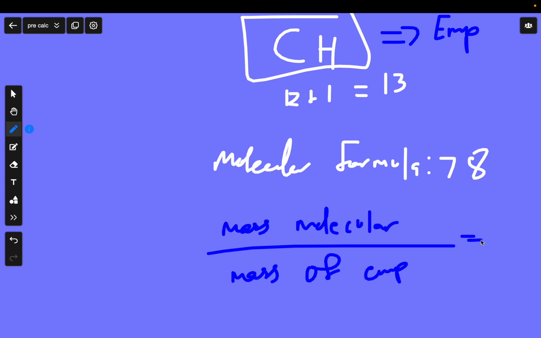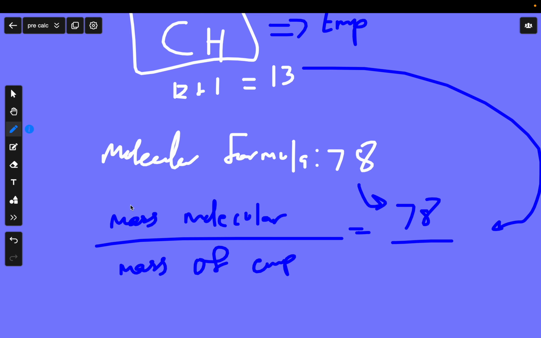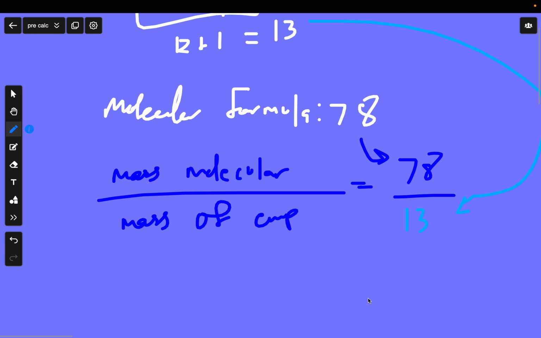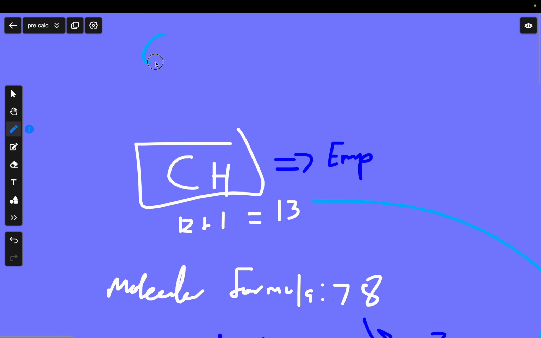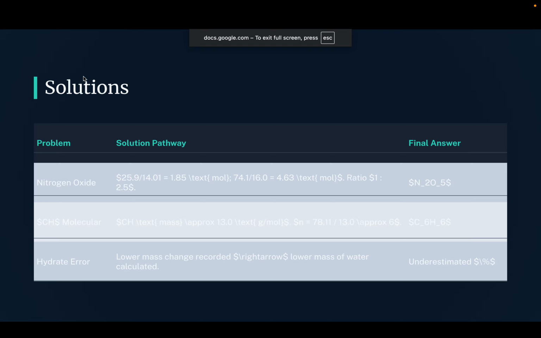So this will just be equal to 78 divided by 13, which would get you 6. So you would multiply these by 6. So you would do C6H6. That's the formula. C6H6. Number 2. We did it, boys.